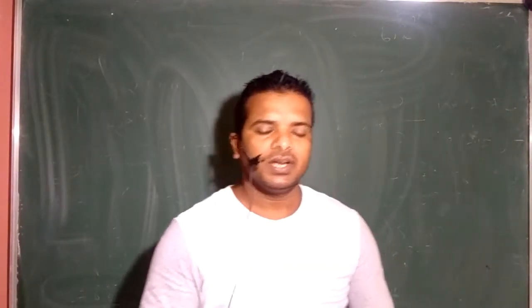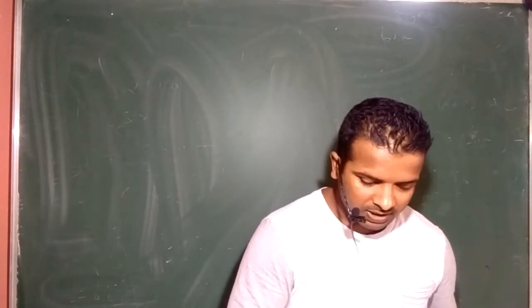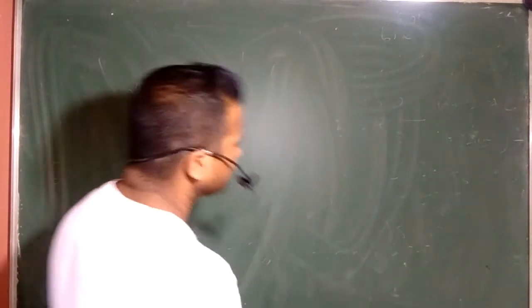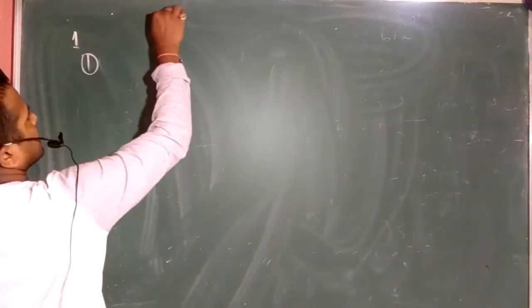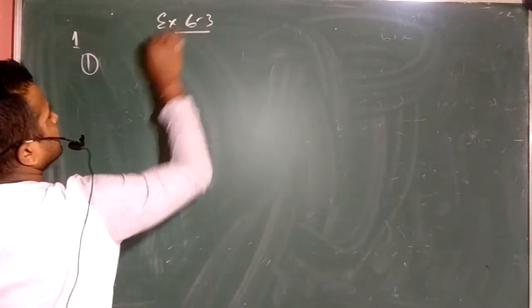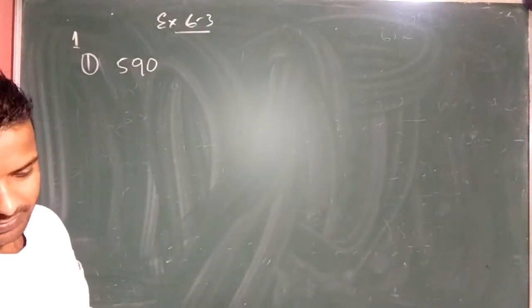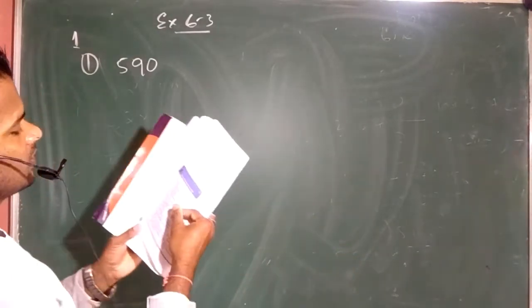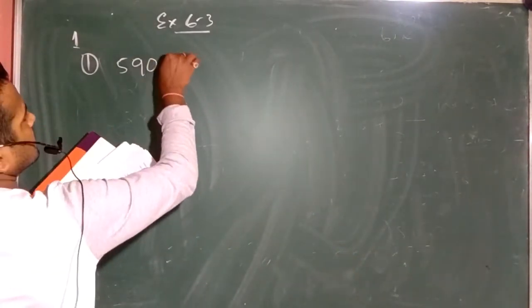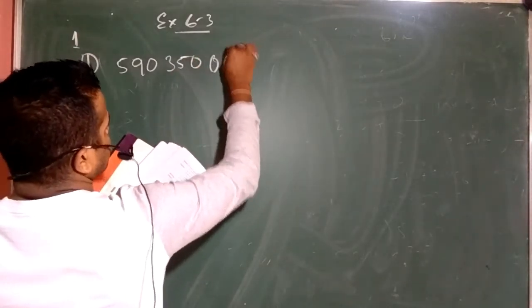Like question number 1, it is given: write the following in standard form. Question number 1, Roman 1, exercise 6.3: 590 350 000.